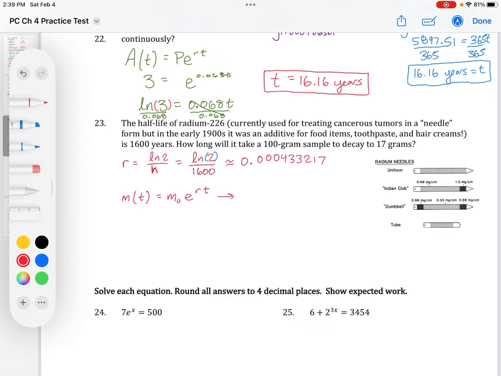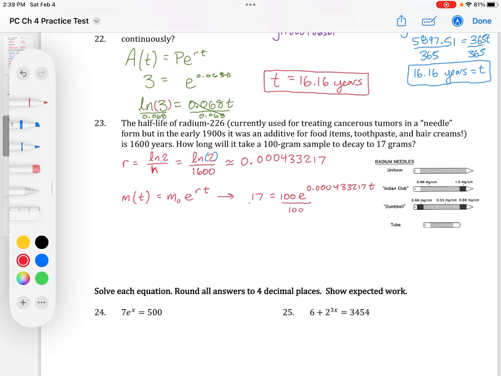If we fill in what we know, we want our sample to decay to 17 grams, so that's how much we will have. We started with 100, so that's m naught. Then e to the power of that small decimal with a lot of decimal places, times t. T is what we're trying to solve for.